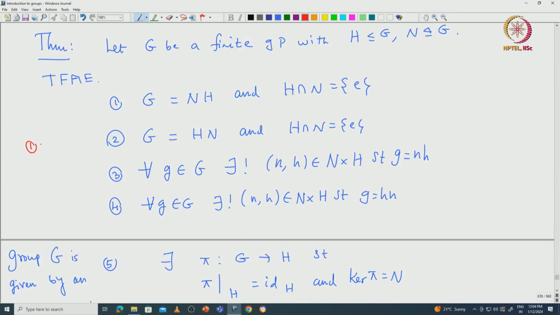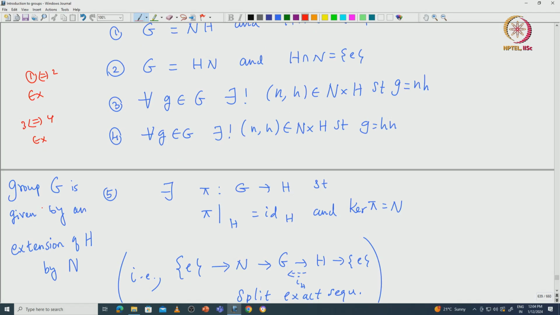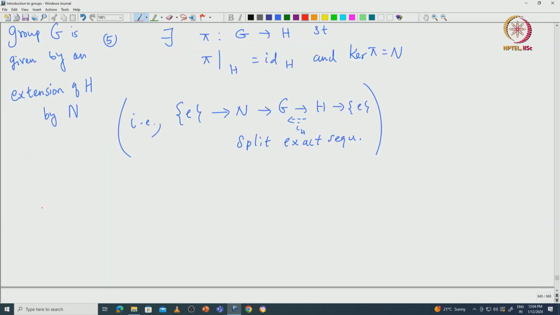So 1 if and only if 2, I will leave as an exercise, and similarly 3 if and only if 4 is also an exercise. And 5 I will leave again as an exercise, so 1 if and only if 5 also I will leave as an exercise.